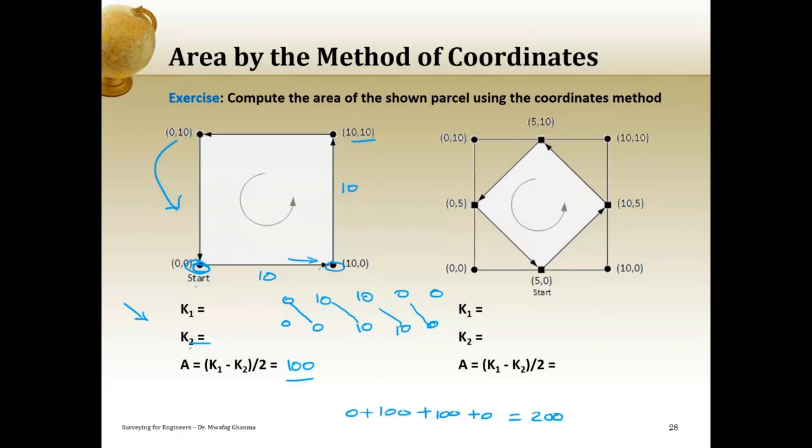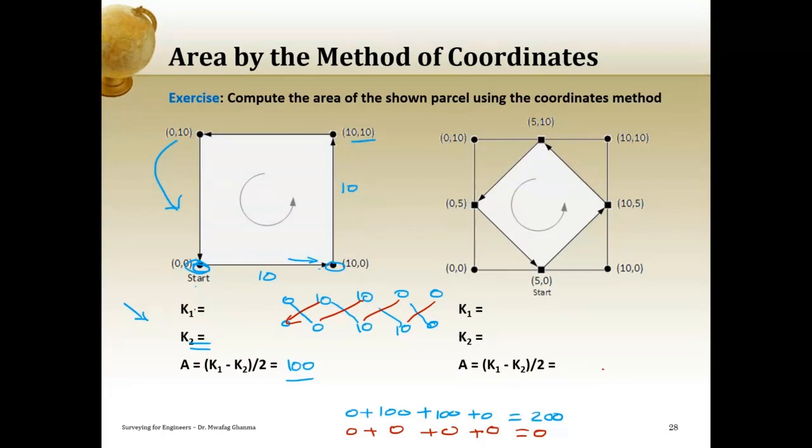Let's go for the K2. K2 is 10 by 0. This is 0. Plus 10 by 0. This is a 0. Then 0 by 10, this is a 0, plus 0 by 10, this is another 0. So this is a 0.